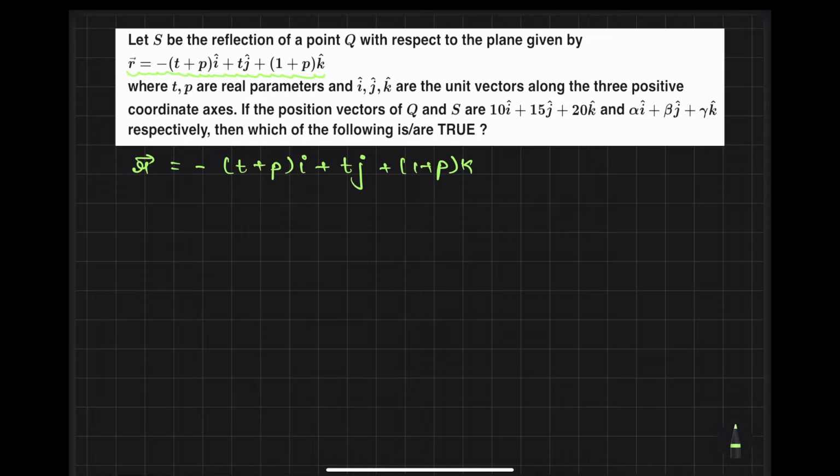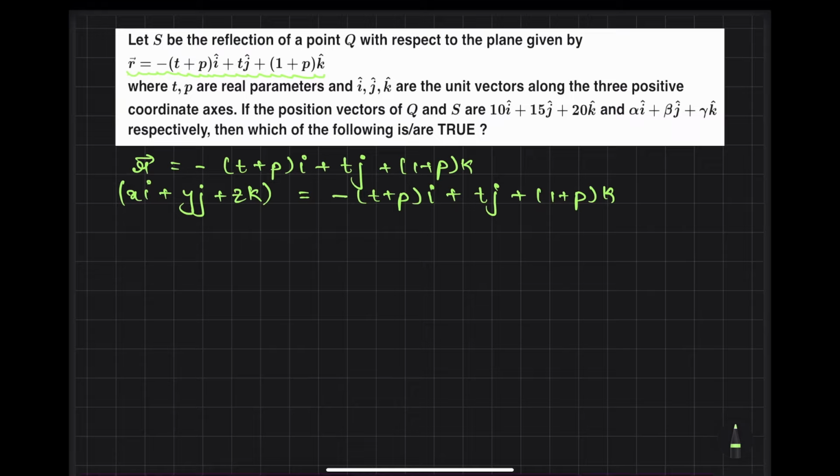So can I write down r vector as xi plus yj plus zk, because r is a variable point, so it will have x, y, z. So based on that we will have a vector xi plus yj plus zk. Now we will copy paste everything: minus of (t plus p) i, tj, (1 plus p) k.